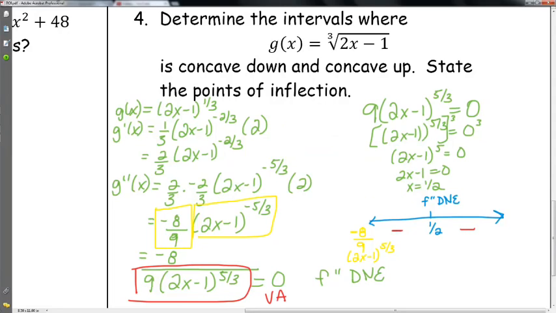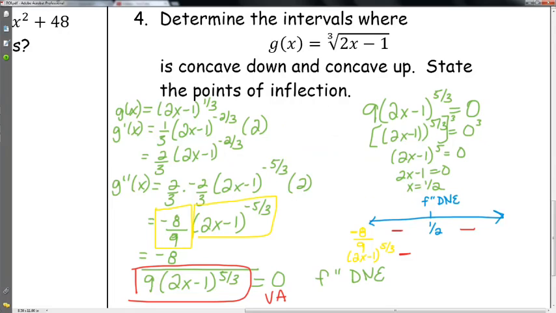So I'm finished with him, and I don't have to worry about plugging anything in for negative 8/9 because I don't have an independent variable to plug into. So now I'm going to deal with the factor of (2x minus 1) raised to the 5/3. If I plug in a value less than 1/2, let's say 0, I get 2 times 0 minus 1, which is a negative 1. Negative 1 raised to 5/3 is still negative. It's actually going to be negative 1.